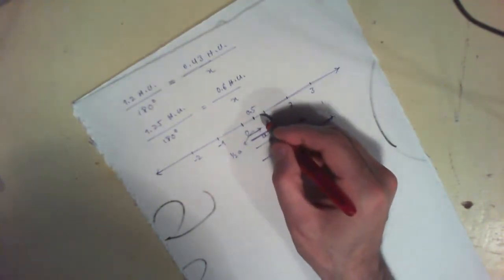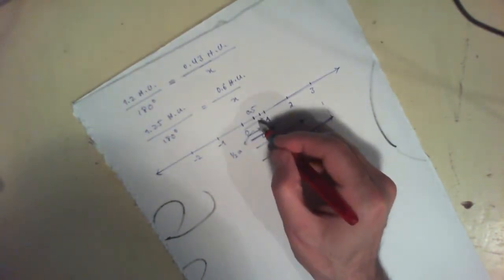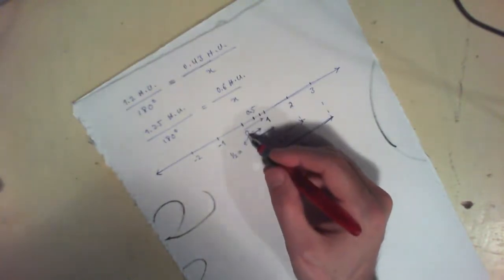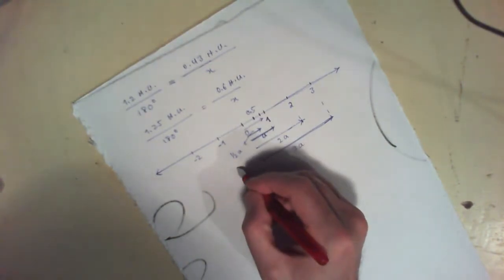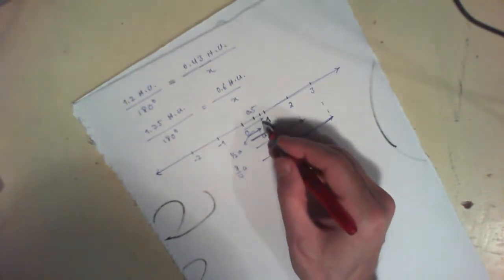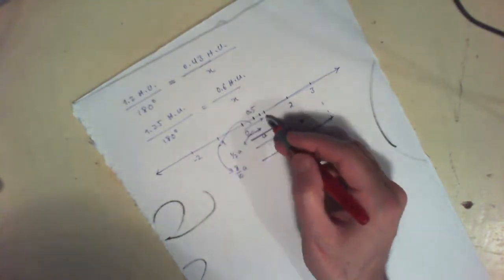Or if you were to find the number 0.8, it would be somewhere over here. 0.8 is 8/10 of 1 unit, so you move 8/10 of A, and that gives you the distance, or the number, over there.